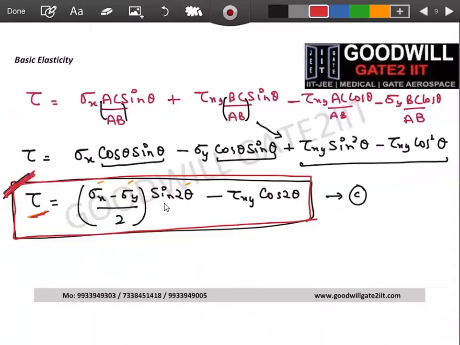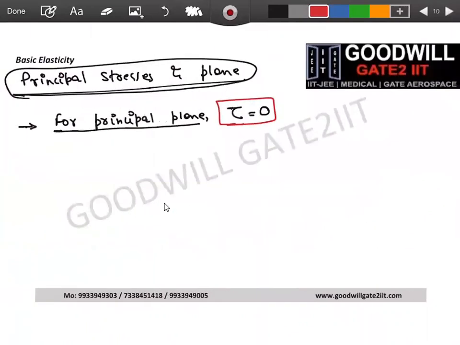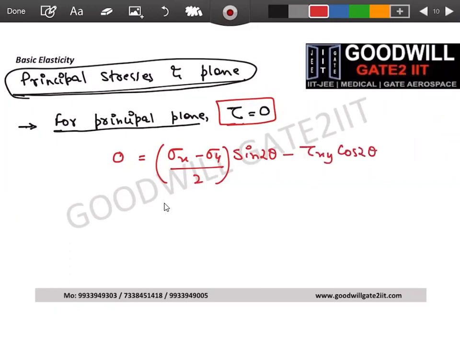So I'll simply take my equation, which is an arbitrary equation in terms of theta, and equate it to 0. Tau, which is 0, equals sigma x minus sigma y divided by 2, sine 2 theta minus tau xy cos 2 theta.